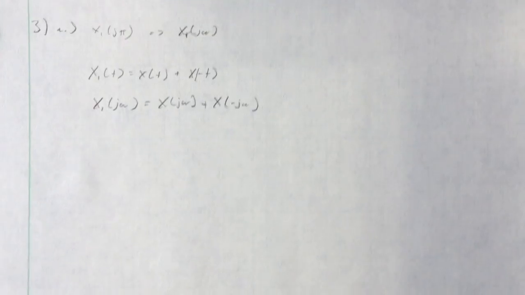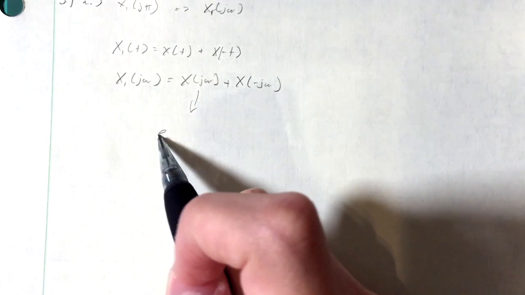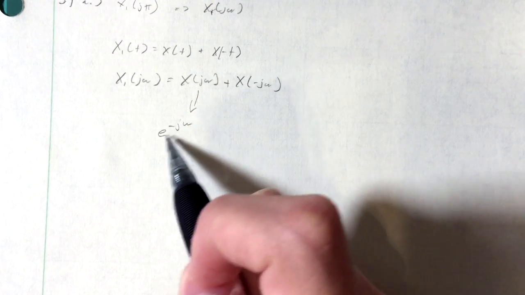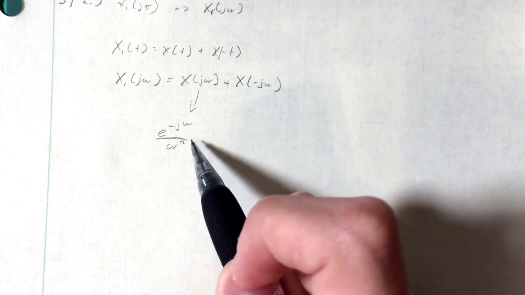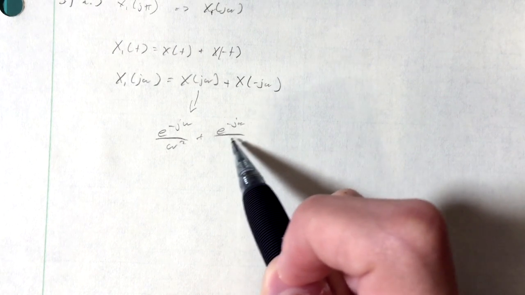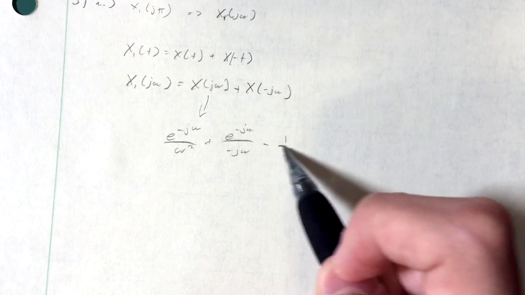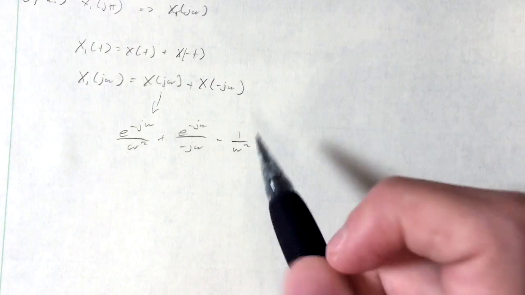So we have this part, which is e^(-jω)/ω² plus e^(-jω)/(-jω) minus 1/ω².